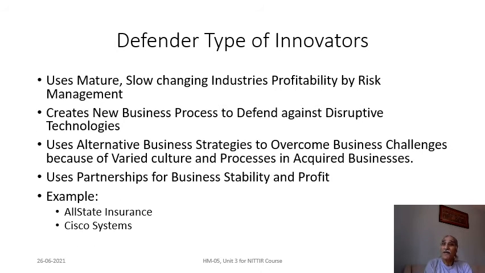We have the defender type of innovator, that which defends the kind of product and service that otherwise is being threatened by the more disruptive and more aggressive products or more aggressive marketing philosophies.